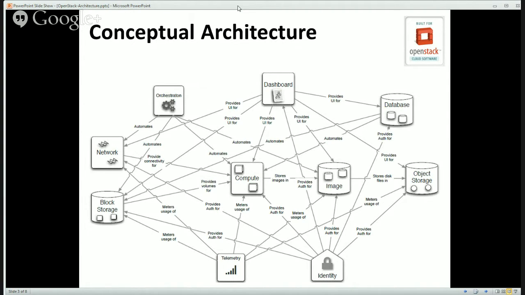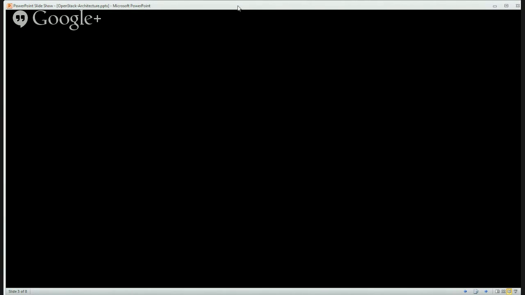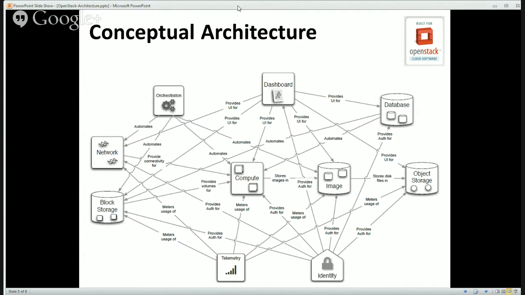So we have all these different projects. We have dashboard, database, which is again MySQL, or you could use database as a service, object storage, which is the Swift project, images is the Glance project, telemetry is used for our metering and measuring, block storage, we are referring to the Cinder project here. Networking is Neutron networks. Orchestration, we are talking about Heat. And at the center, you can see the compute, which is our Nova project.